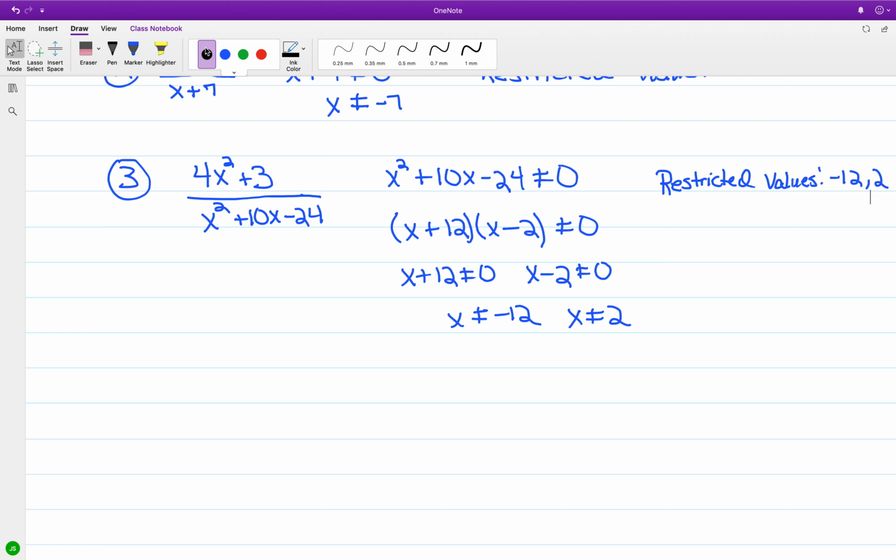Now let's say we cross over to operations with rational functions.